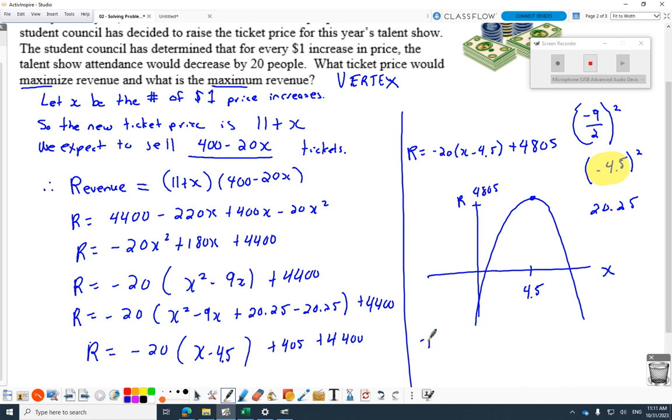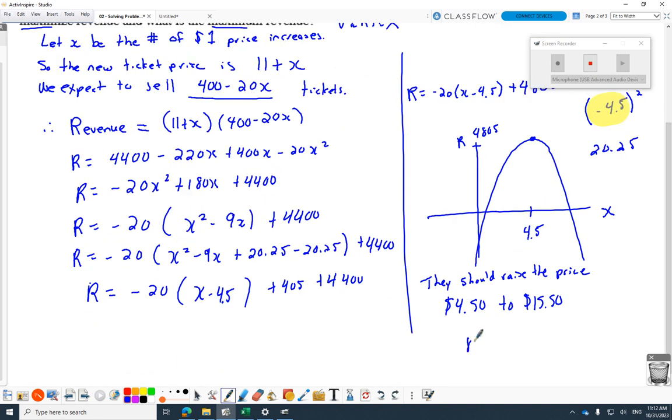They should raise the price $4.50 to $15.50, making $4,805.